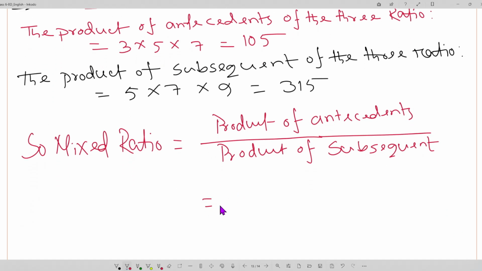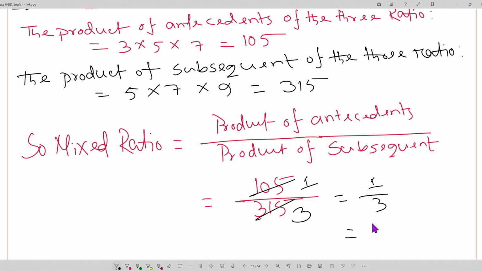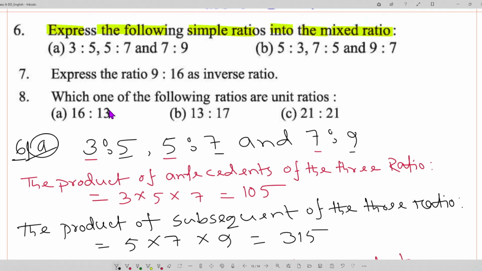Then look, we get 105 and 315. Okay, now we will divide this fraction here. If we divide by 105, we will get here 1 and here 3. So 1 by 3, it means 1:3 is the mixed ratio of these 3 simple ratios.